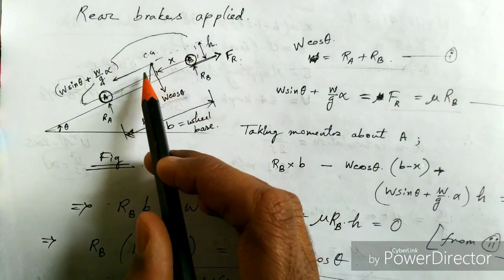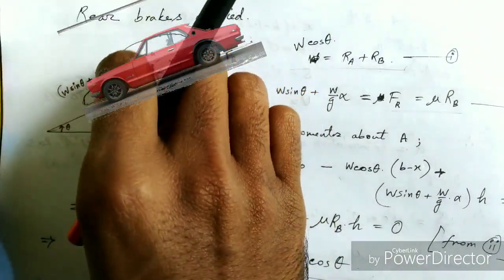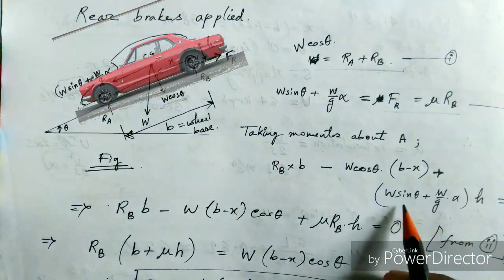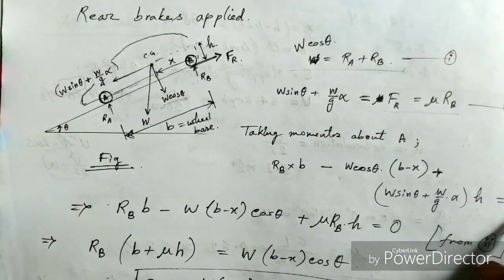Plus there is this force which is acting this way, again anti-clockwise, so it will be plus, that is W sin theta plus W by g into alpha into H, equal to 0.